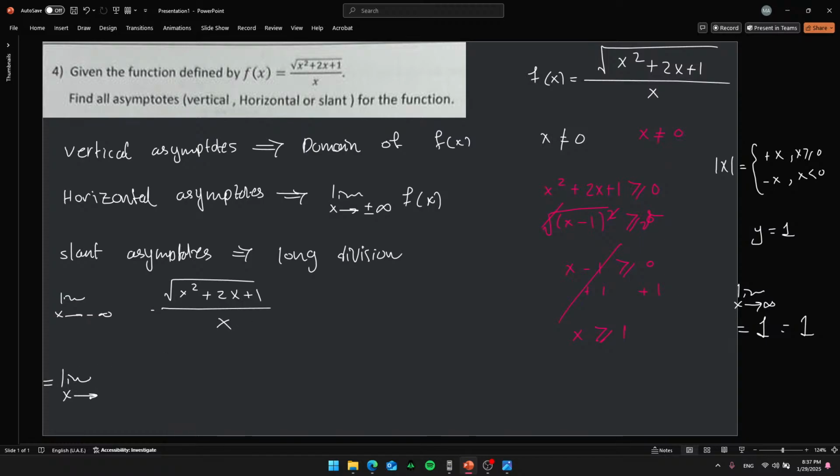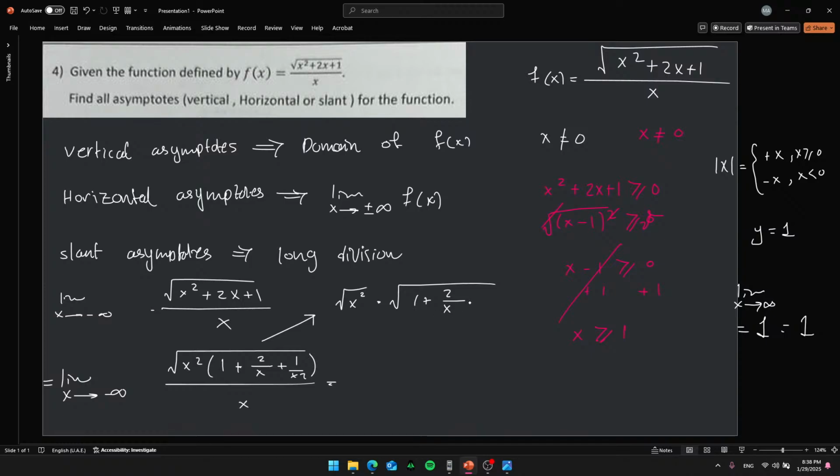First, let's take x squared as a common factor. Then we're left with 1 plus 2 over x plus 1 over x squared, over x. As I told you, we can split these up: radical x squared times radical 1 plus 2 over x plus 1 over x squared.